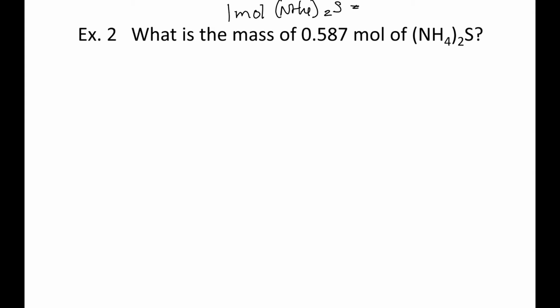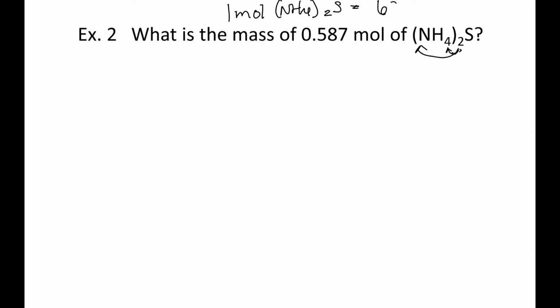I've got some kids that do an N plus 4 H's, and then multiply that by 2, and then add the S in, or you can do 2 N's and 2 times 4, which is 8 H's, and then add the S in. It doesn't matter how you get it, as long as you get the correct answer.